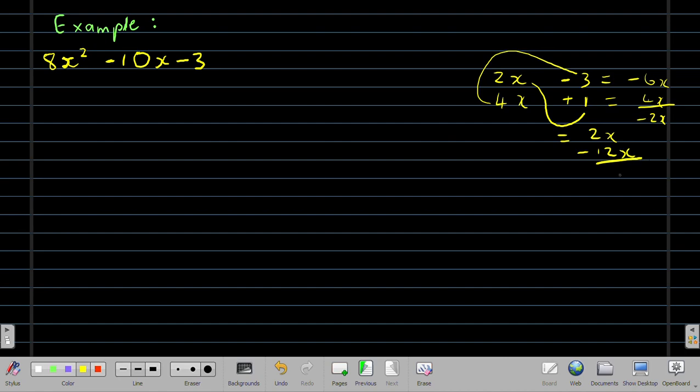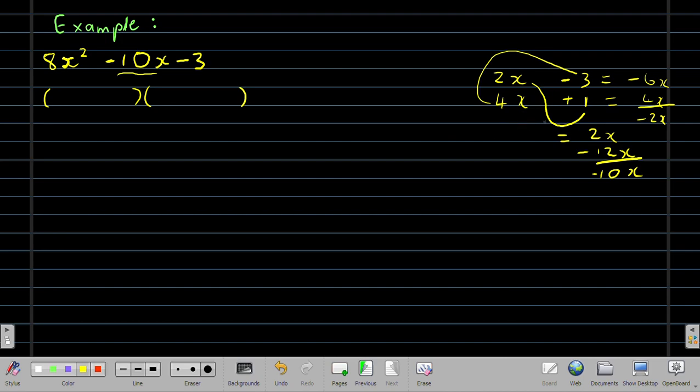We add these together, this gives us a negative 10x, which is what we have here in the middle, which means that the terms we chose this time, in this particular order, will give us our factorization terms. So here we were just lucky, we did not have to try 8 and 1x as the factors.